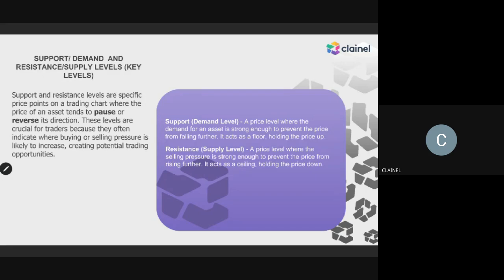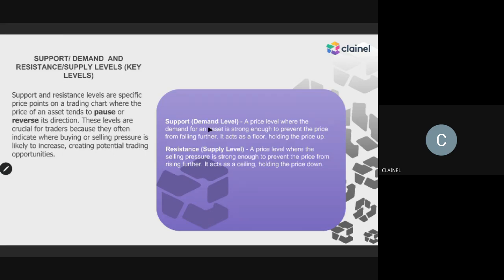When price is reaching your demand zone, your support, you're looking forward to buy. When price is reaching your resistance, which is your supply level, you're looking forward to sell. They're crucial points in the market, creating potential trading opportunities.